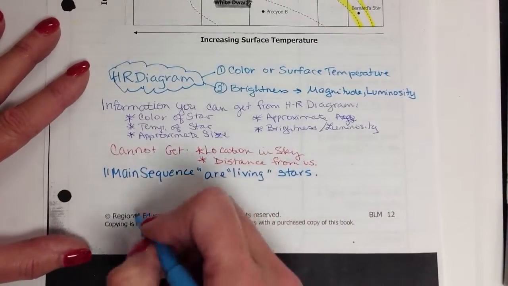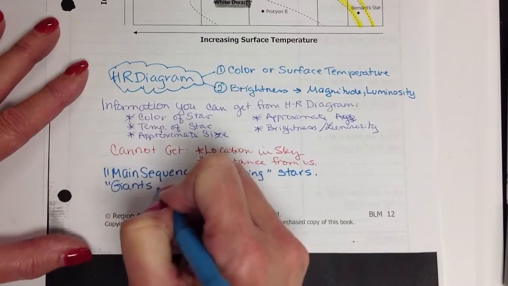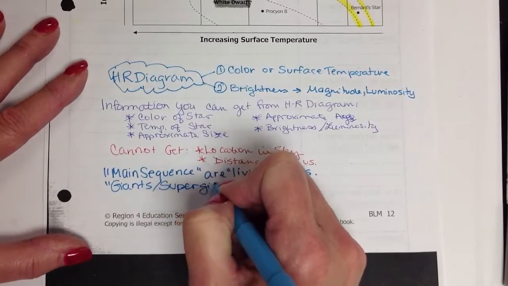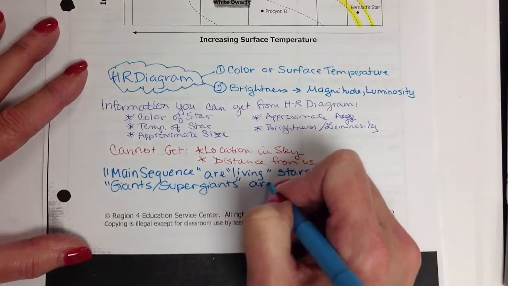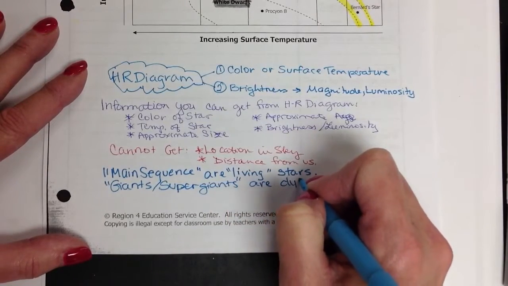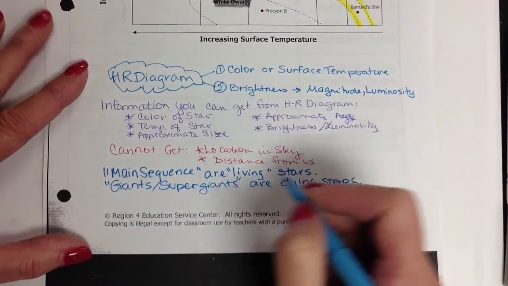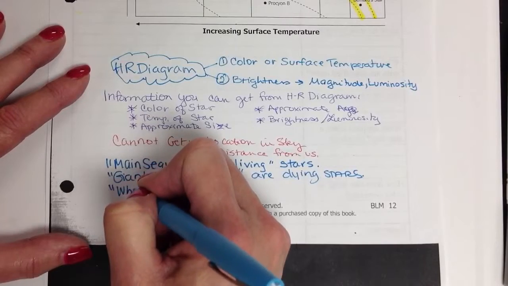So our giants and supergiants are dying stars. And our white dwarfs are basically already dead. They're just cooling off.